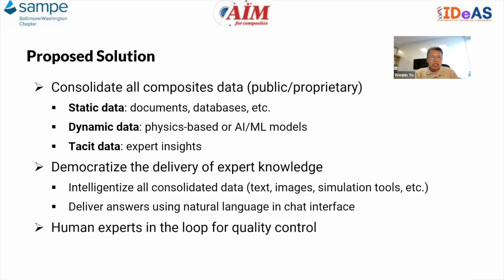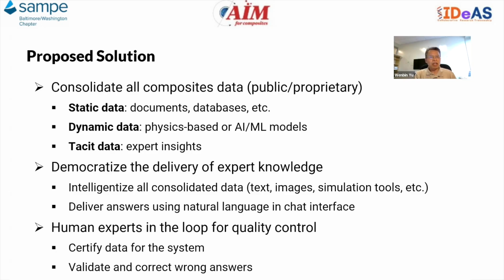And third is, as we said, that we need human experts in the loop for quality control. That's very important for us to build an AI-powered expert system. We need the experts to approve or certify the data entering the system, and we also need the experts to validate and correct the wrong answers. Just like I mentioned, recently I talked to Steve Tsai.